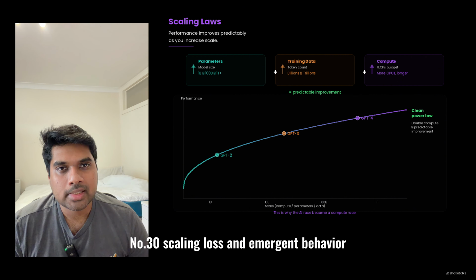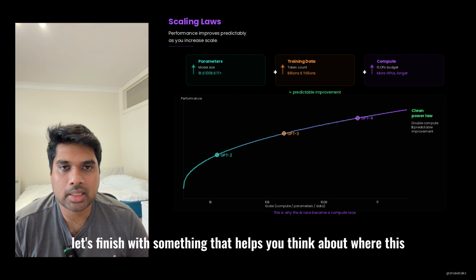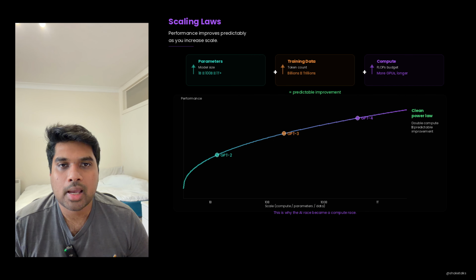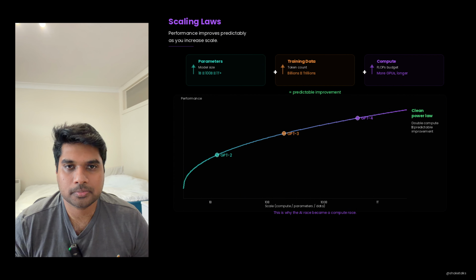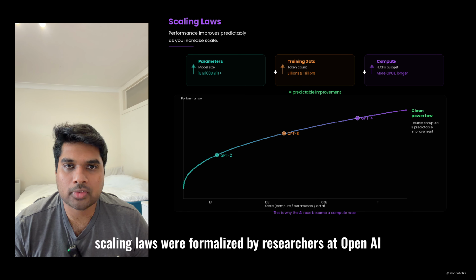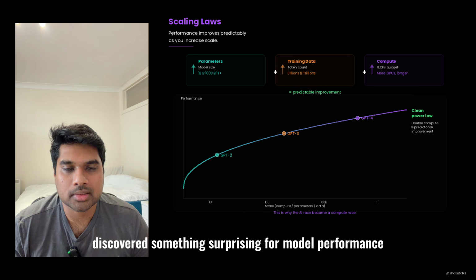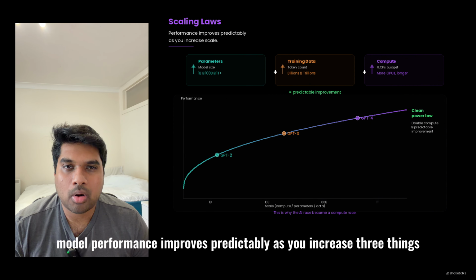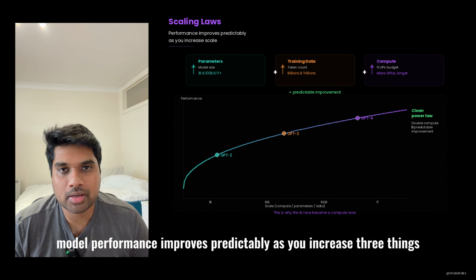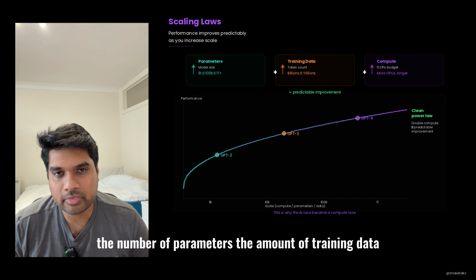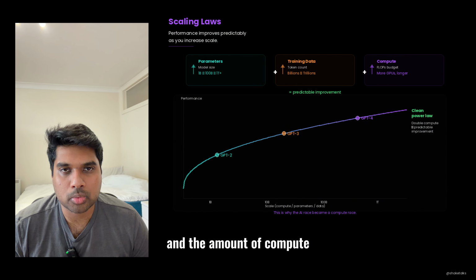Number 30. Scaling laws and emergent behavior. Let's finish with something that helps you think about where this entire field is going. Scaling laws, formalized by researchers at OpenAI, discovered something surprising. Model performance improves predictably as you increase three things: the number of parameters, the amount of training data, and the amount of compute.